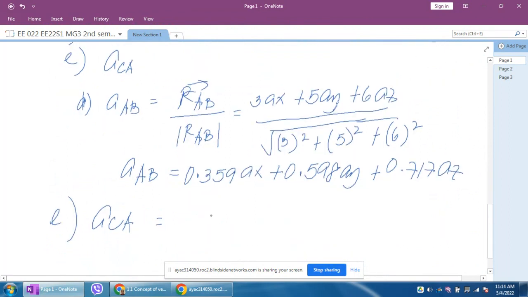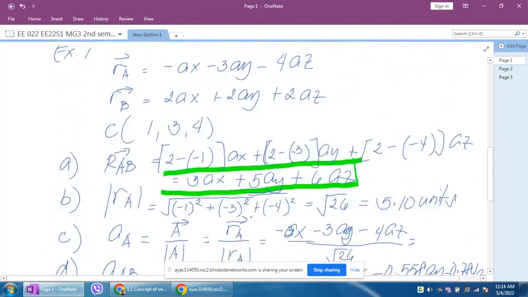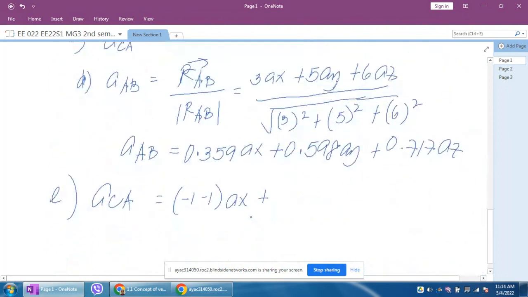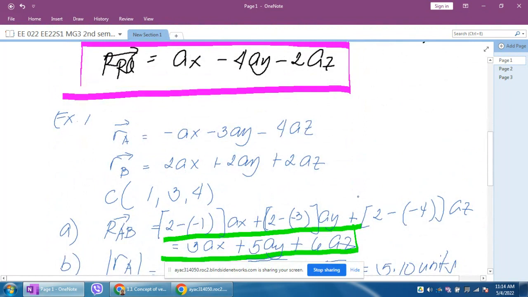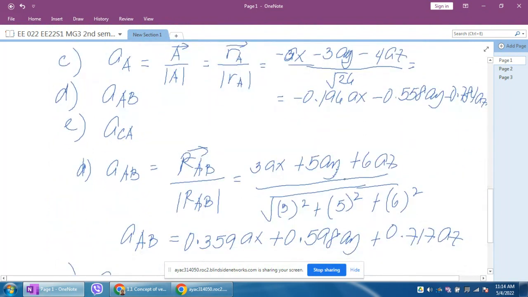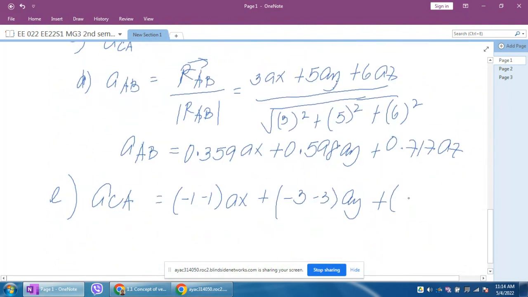So solving po, -1 minus 1 AX plus -3 minus 3 AY plus -4 minus 4 AZ.